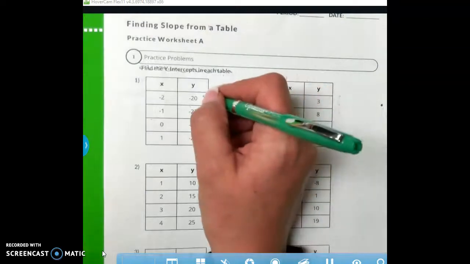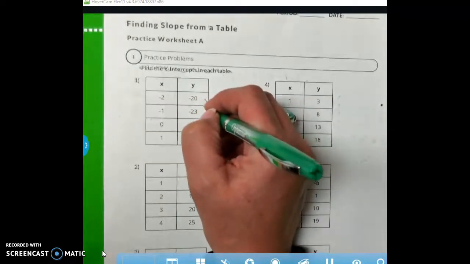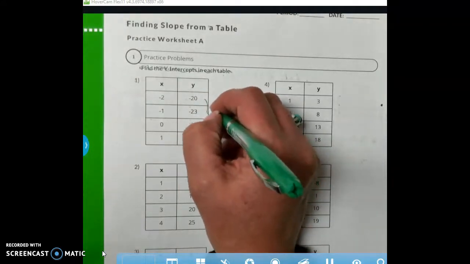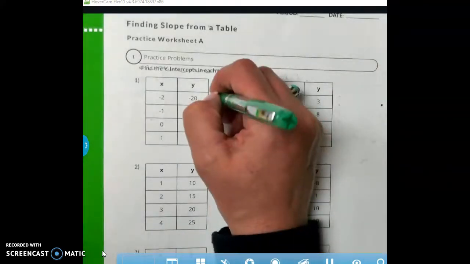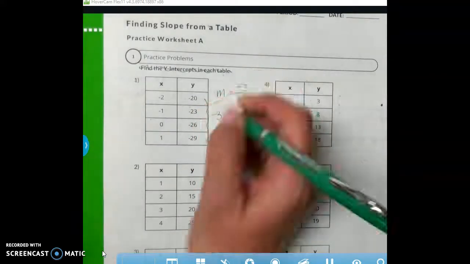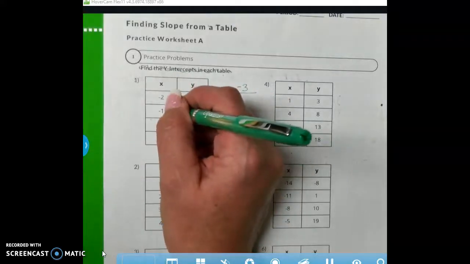All right, y values are decreasing. 20, 23, 26, 29, they are all getting smaller and smaller. Negative 3 is the change. So they're falling by negative 3. My x values are negative 2, negative 1, 0, 1.